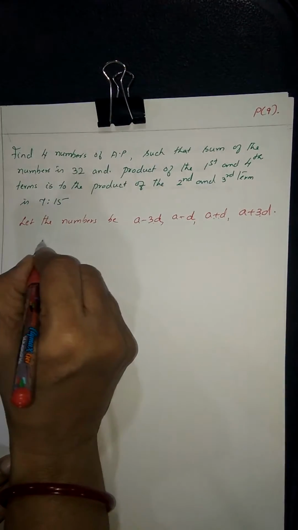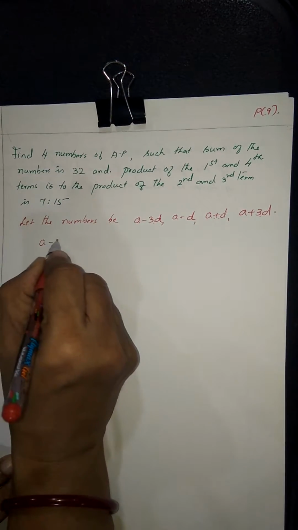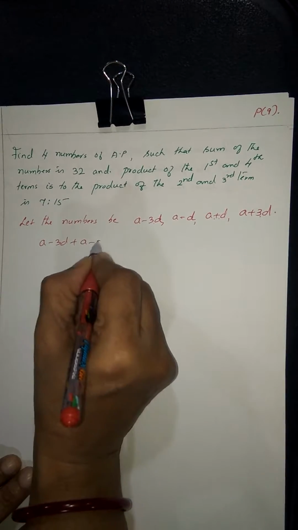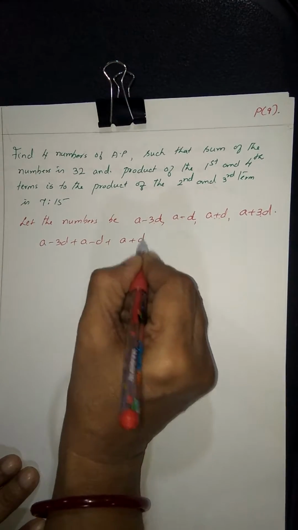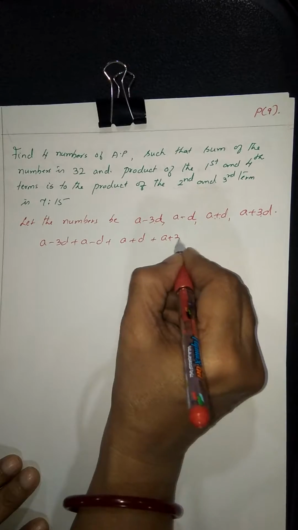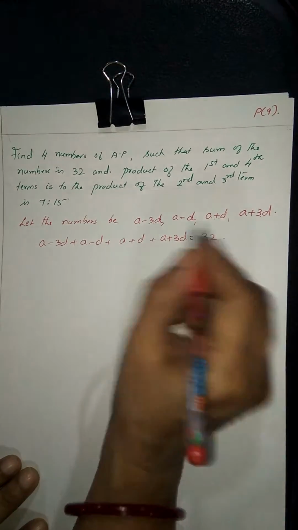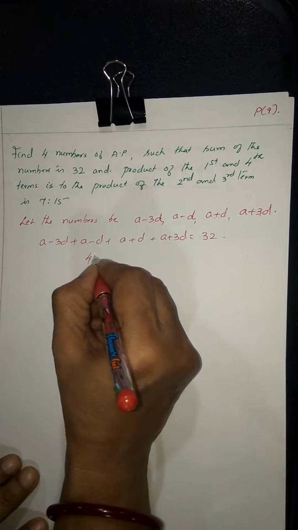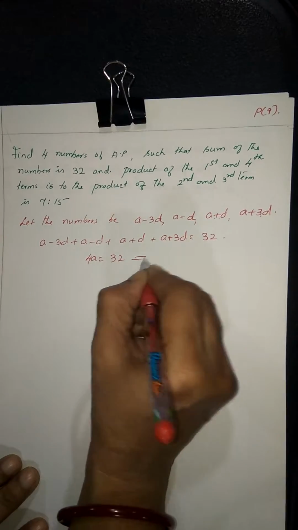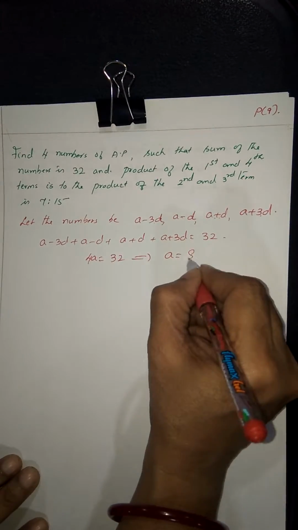Now the sum is 32. So a minus 3d plus a minus d plus a plus d plus a plus 3d is equal to 32. So 4a is equal to 32, from which you get a is equal to 8.